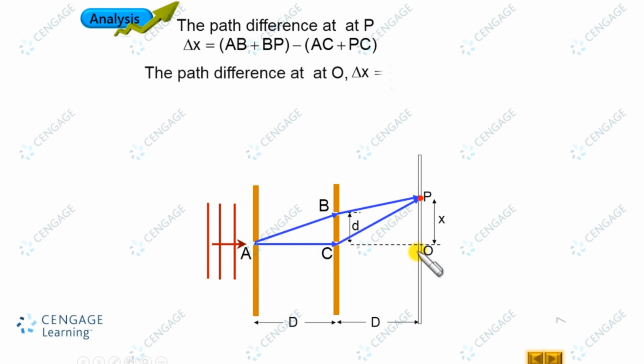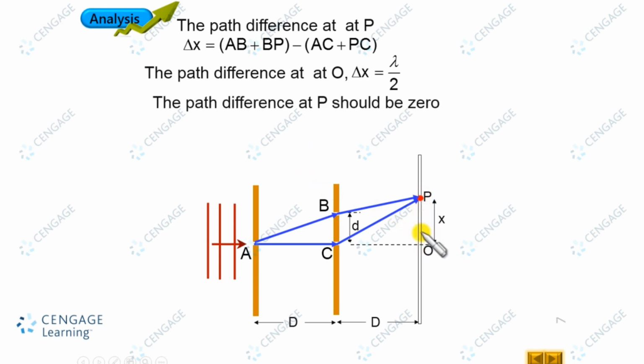As we discussed, as we move in the upward direction, path difference decreases, and the path difference corresponding to the maxima nearest to this O should be equal to 0. That means this is possible only when this value, that is delta x, equals 0, and this is possible only when this distance, that is PO, should be equal to small d. This should be like this.